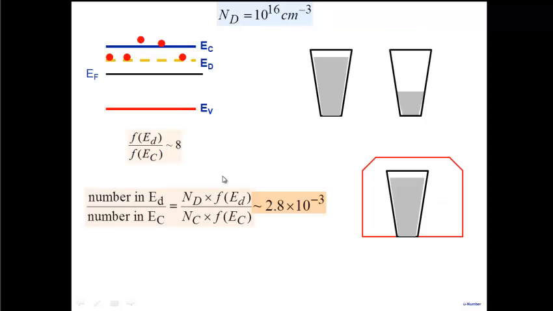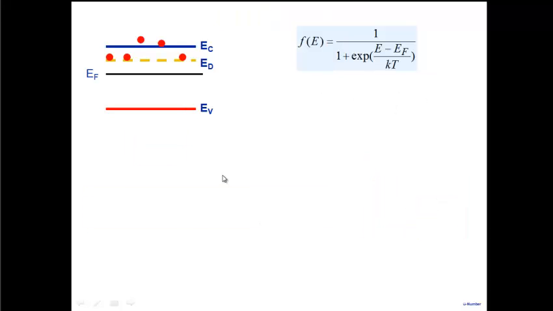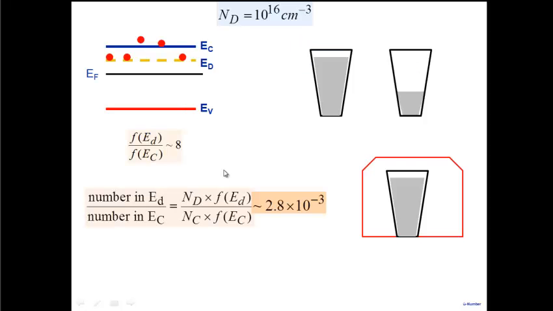All right. So this is sort of a simple view. Let's now work out some numbers here. What is the condition? We know now that whether a donor atom is ionized or not depends on the separation EC minus ED, and on how many donor atoms I've added and the density of states.